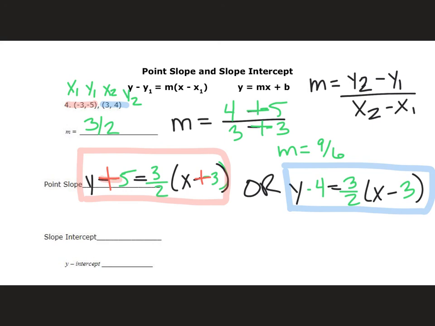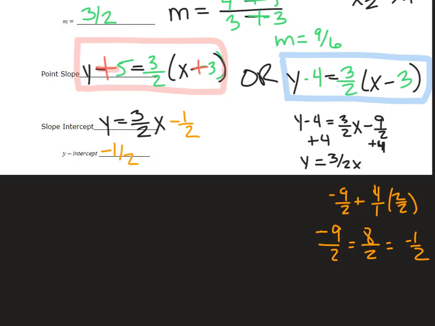So once again, put me on pause. See if you can find your slope-intercept on your own. Pause. All right, so this one, because we had a fraction, -9/2 and 4. I know a lot of you probably changed this into a decimal, but I didn't. I went ahead and I left it as a fraction. And so remember, 4 is the same as saying 4/1, and for you to combine fractions, you need a common denominator. So I'm going to do 2/2 because that's 1.